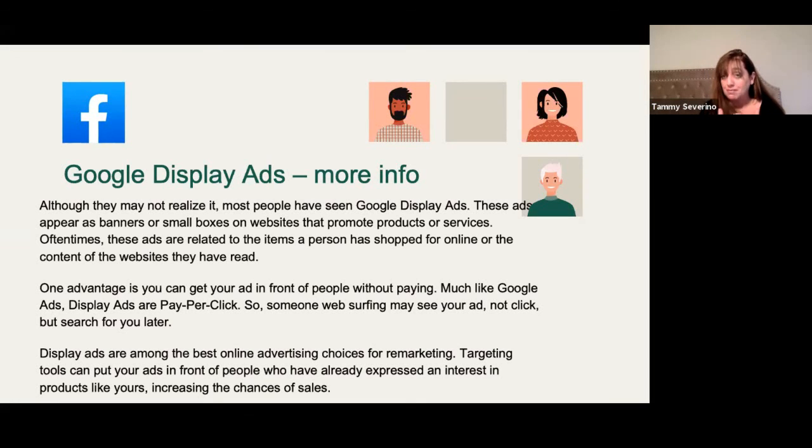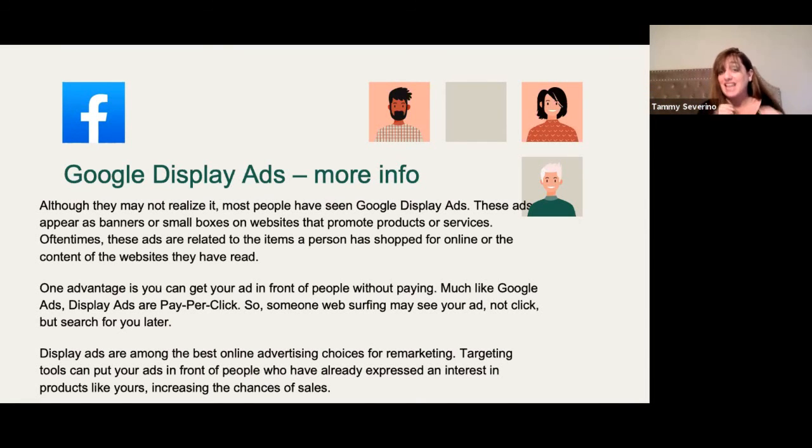So that's called remarketing. If you looked at a pair of shoes on DSW, it's going to show up. If you were in PetSmart looking at a new kibble, it's going to show up. If you were on H&R Block looking for a tax preparer, now they're going to show up.